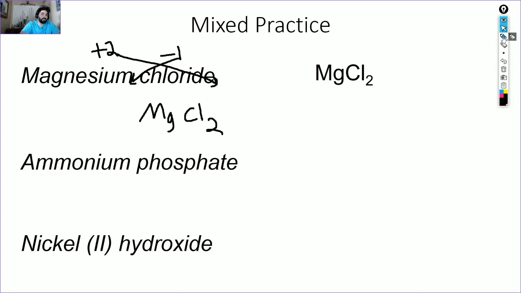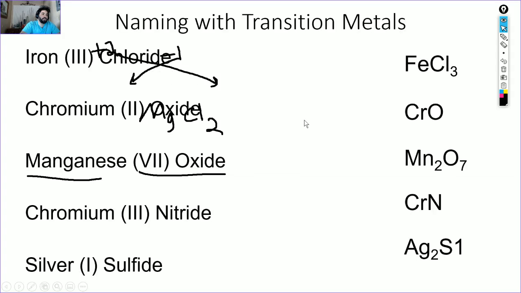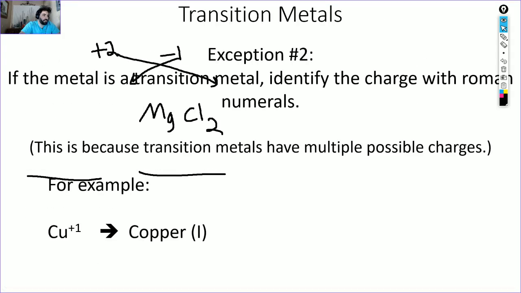Ammonium phosphate, this one's super easy. You just look at the reference sheet. Ammonium is a polyatomic ion. Phosphate is a polyatomic ion. Ammonium, you have to know the charge.